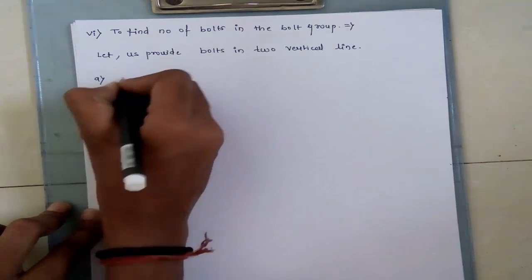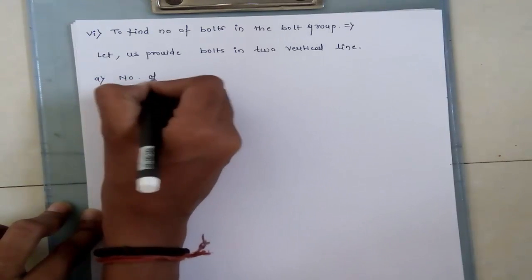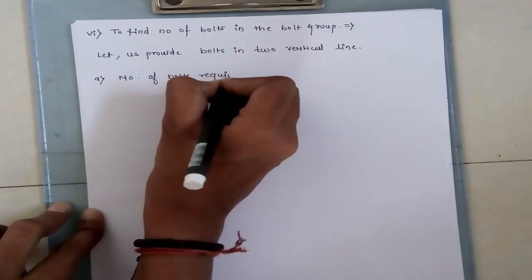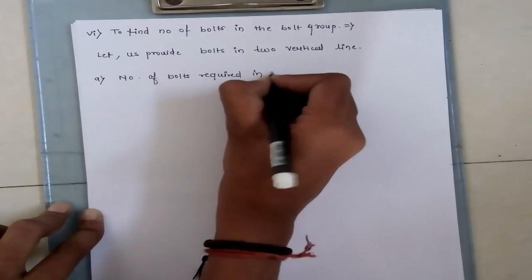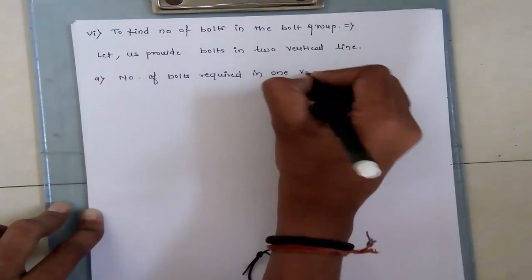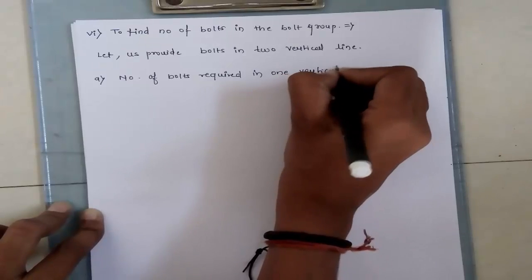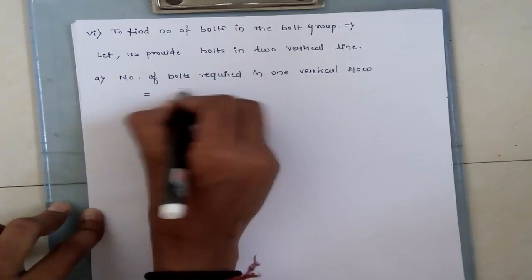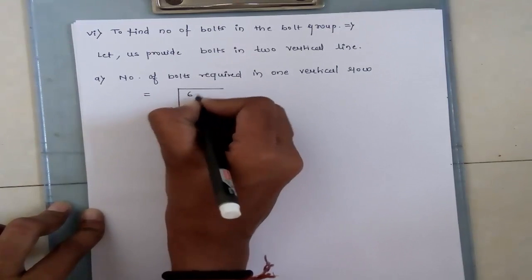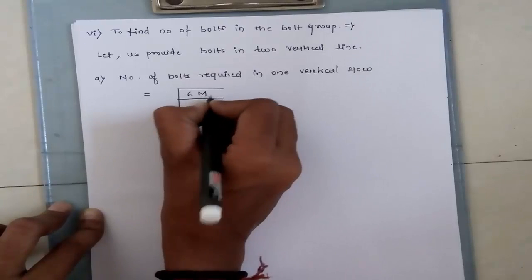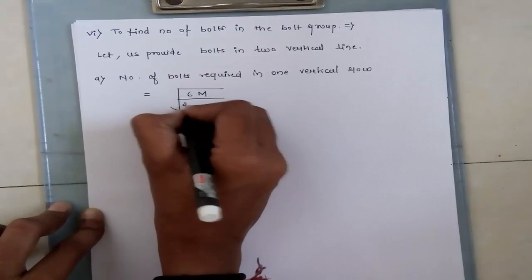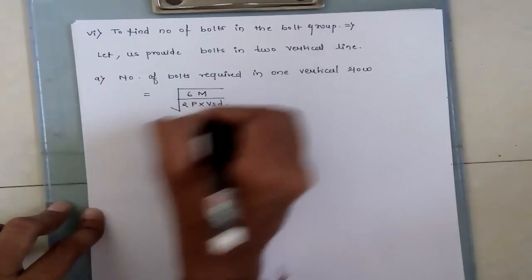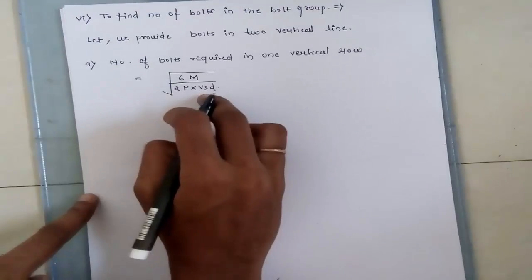In that, first we have to calculate the number of bolts required in one vertical row. For that we have one formula, that is the square root of 6 into moment upon 2 into pitch distance into design shearing strength of bolt, that is VSD.